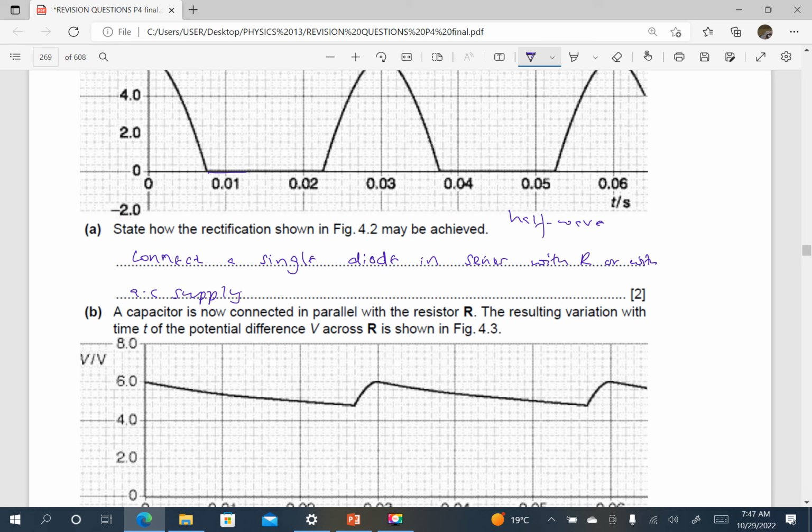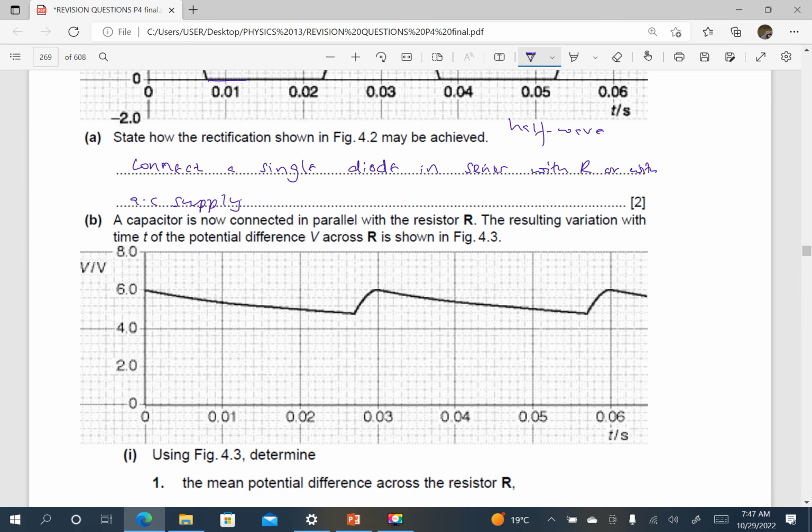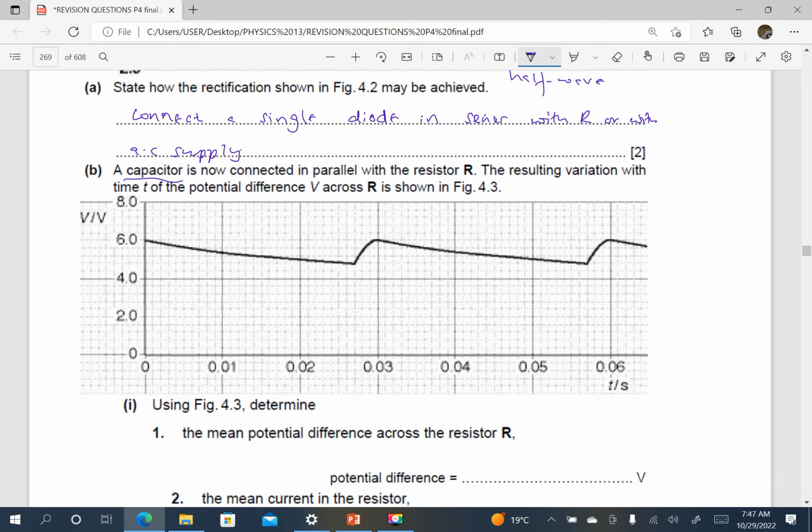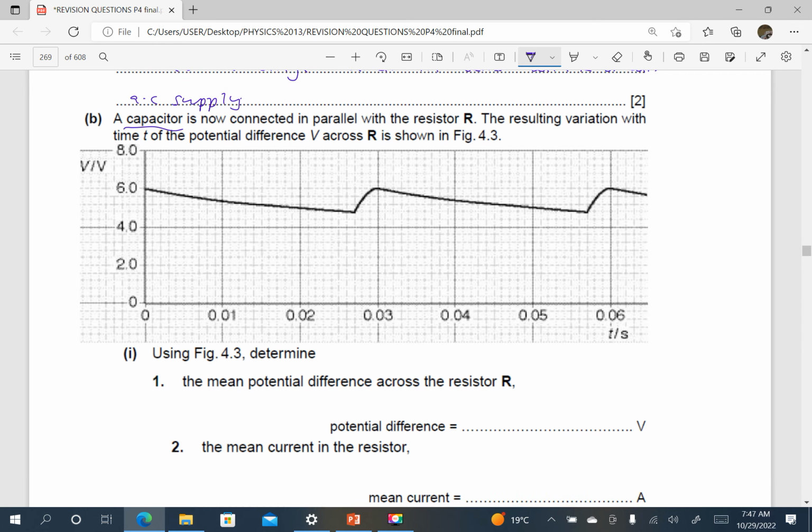A capacitor is now connected in parallel with the resistor R. The resulting variation with time t of the potential difference V across R is shown in the figure. So now it is smoothed because they have connected a capacitor. Use the figure to determine the mean potential difference. The maximum is 6.0 from the graph, and it falls by 3 small squares.